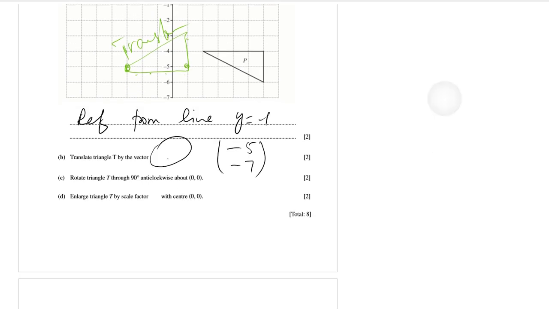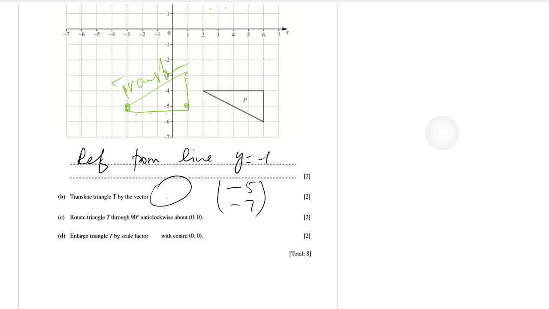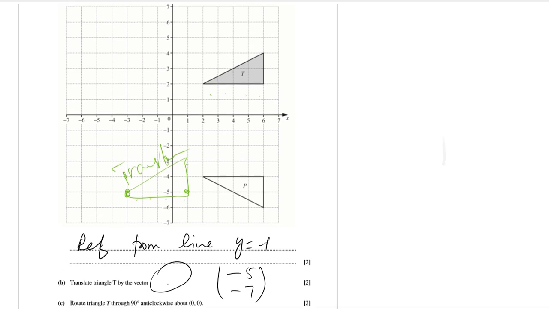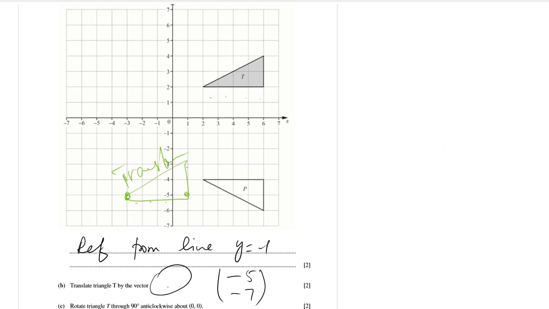Next. Rotate 90-degree anti-clockwise from 0, 0. This is your 0, 0. You may join a line 90-degree anti-clockwise. This would be your anti-clockwise direction. So this way 90 degrees.